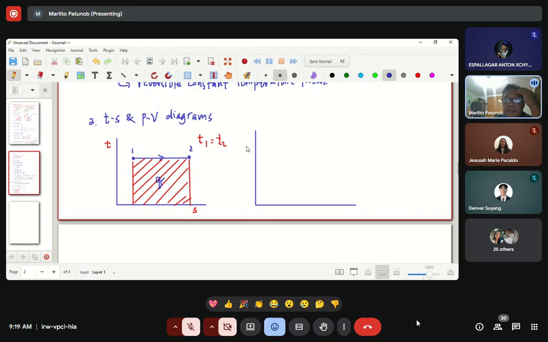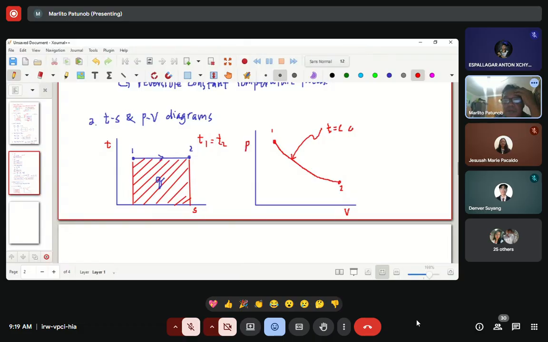So here we have the PV diagram. Okay. For the PV diagram, the process will be like this, a curve. So if this is point 1 and this is point 2, the temperature is constant.